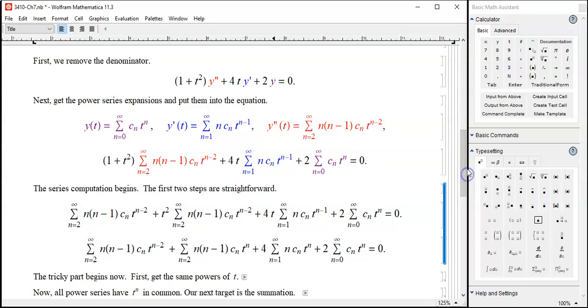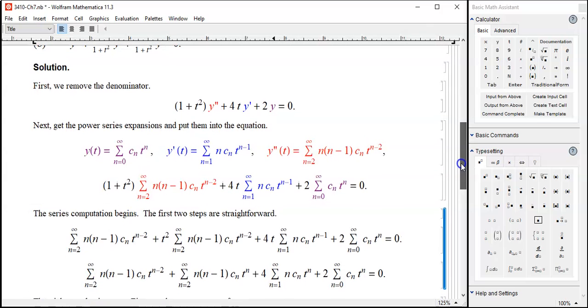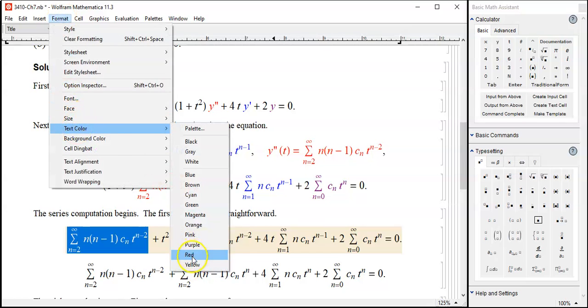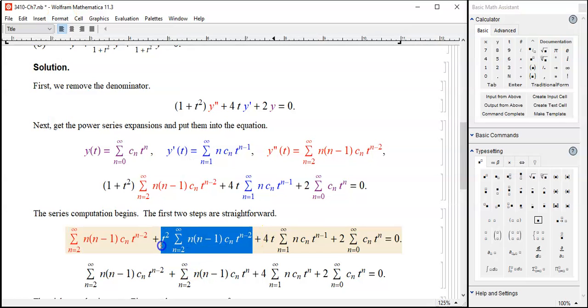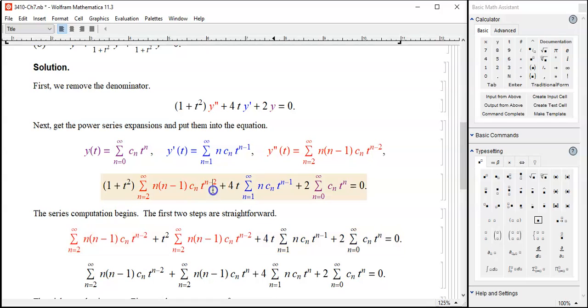Let's see. Okay, let me see. This one and that one both came from the red series. Just distribute 1 plus t squared, and then we get that.